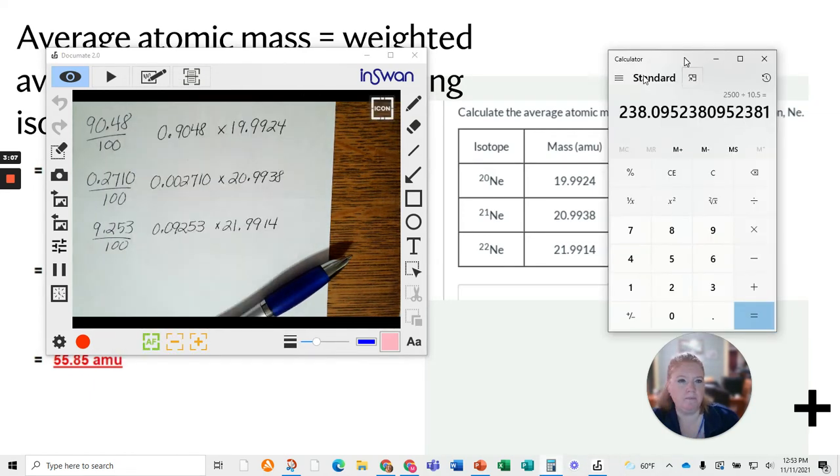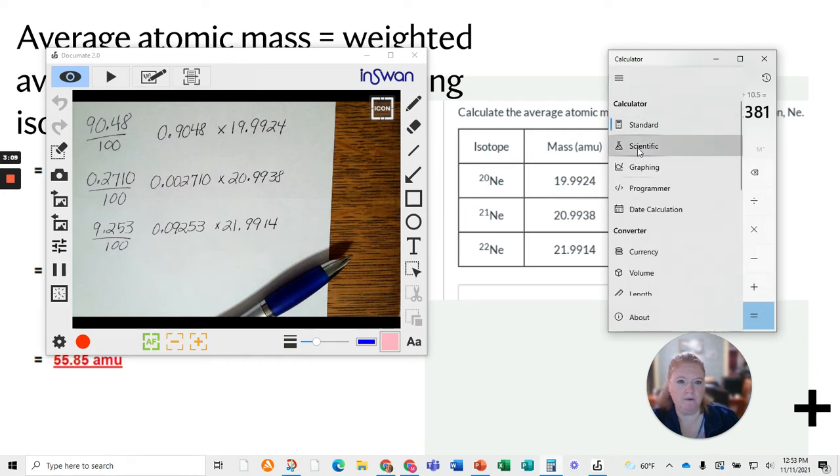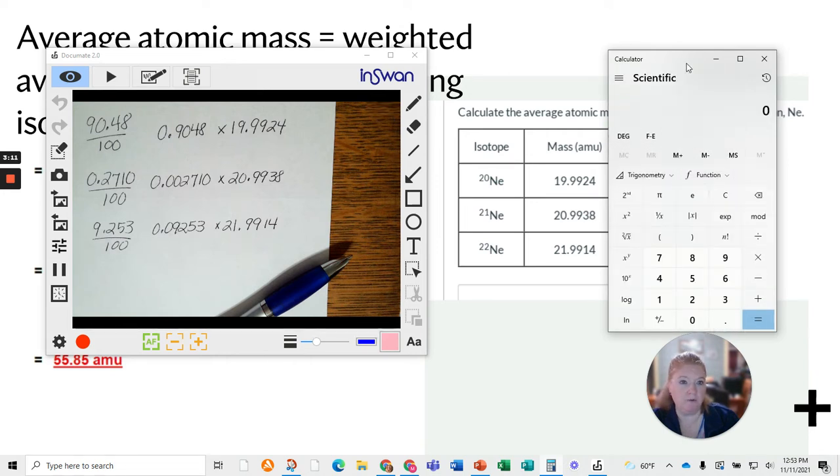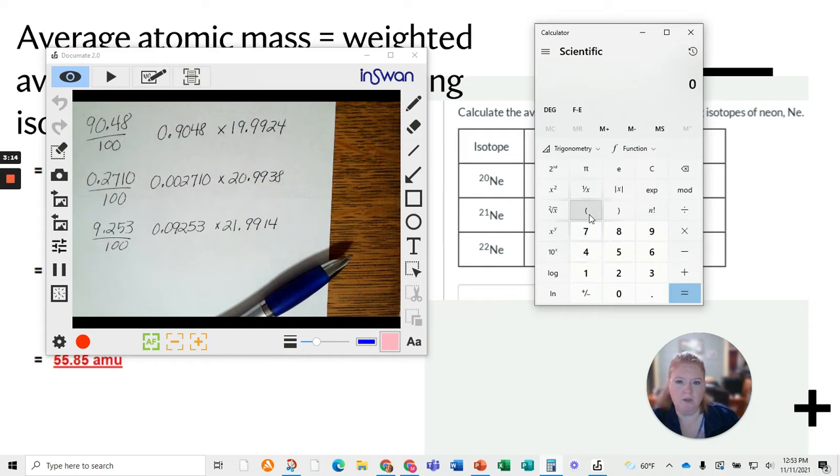When I pull up the calculator, I'm going to go to scientific so that I can use parentheses. So I'm going to do parentheses 0.9048 times 19.9924 and parentheses, plus, because I'm going to need to add these numbers up at the end.